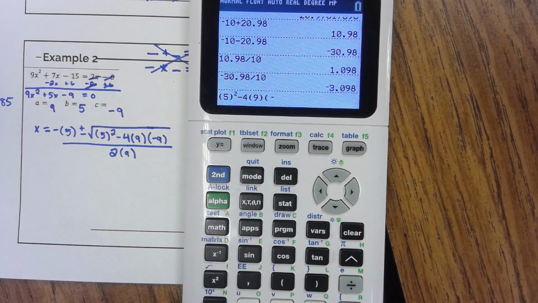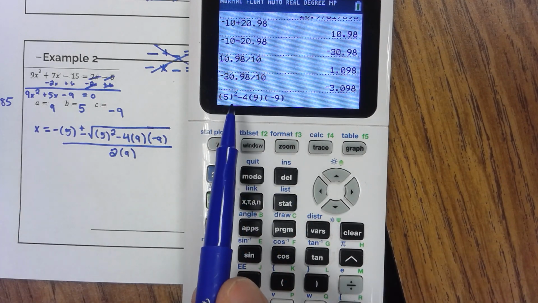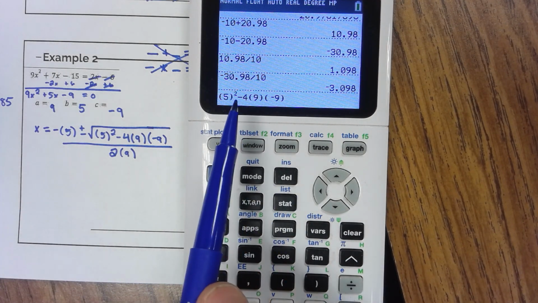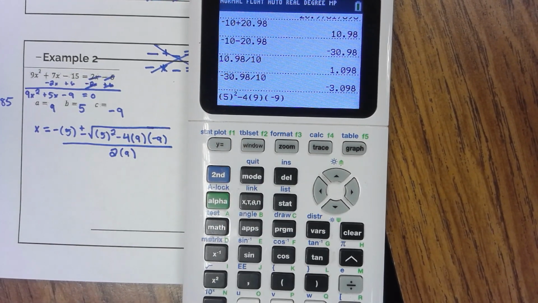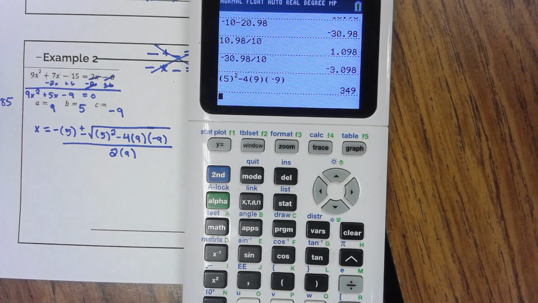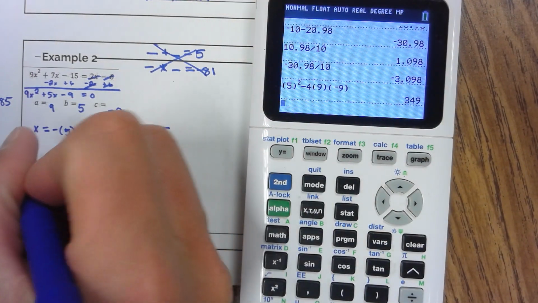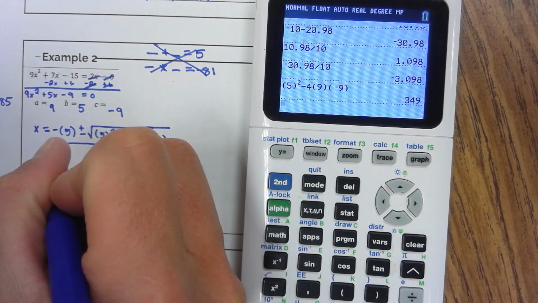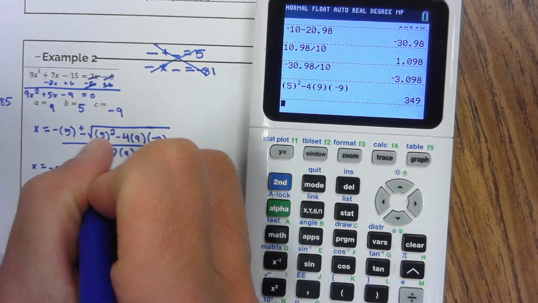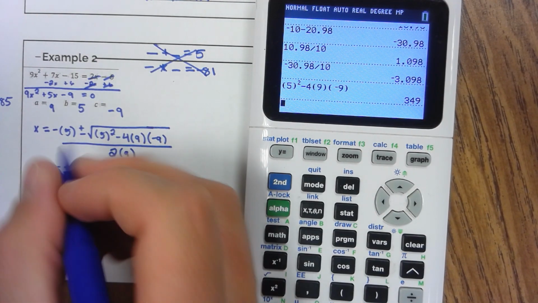Now make sure you use that negative button here. So we've got subtraction button first, subtraction in front of the 4, negative button in front of the 9. And you should get that we are square rooting 349. So this quad formula is now negative 5 plus or minus the square root of 349, and it's being all over 18.